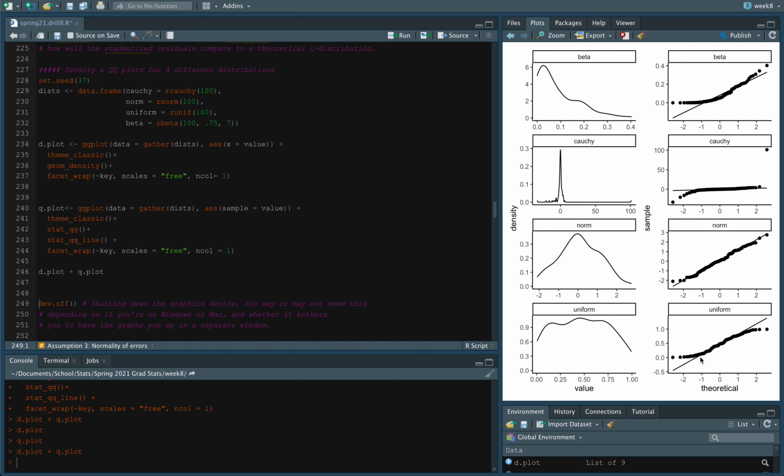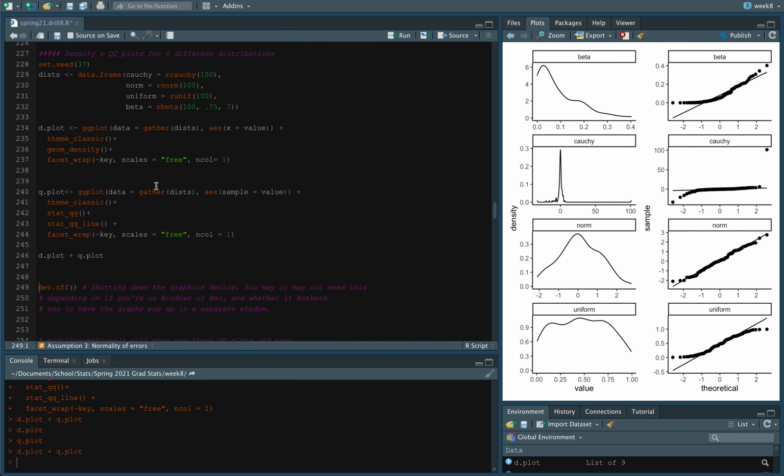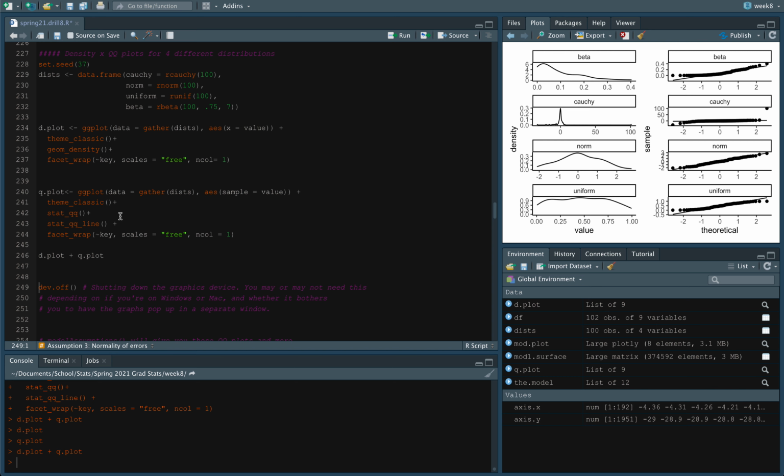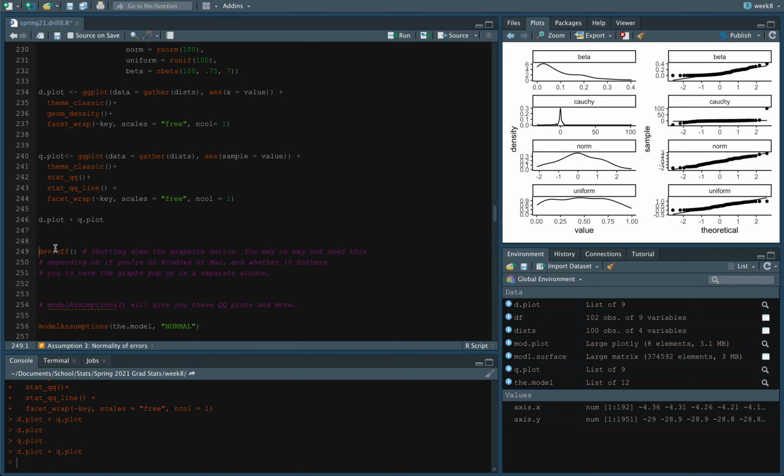And then this uniform distribution, it curves off at both ends. Here in the middle, it kind of looks like a normal distribution if you look at the middle of the data, but at the ends, not so much. Point is, when you're looking across these QQ plots, what you're really looking for is that those points fall on the diagonal, and the tails aren't jumping out, essentially.